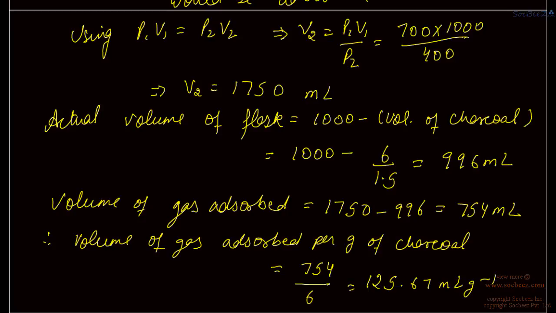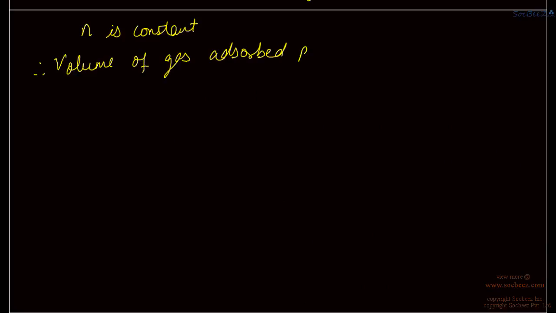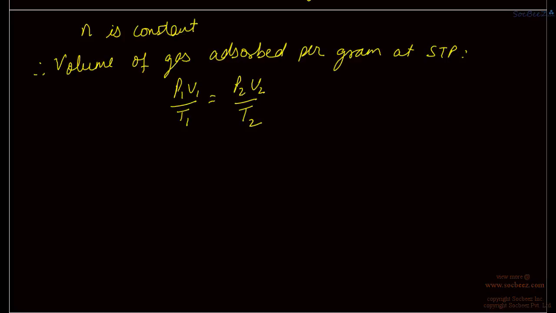Now, the volume of gas adsorbed per gram at STP comes out using the ideal gas equation. Since the total number of moles is constant, P1 V1 upon T1 equals P2 V2 upon T2.